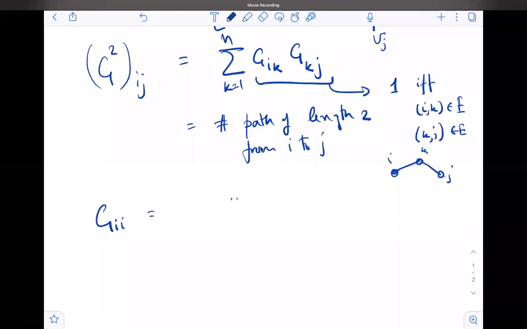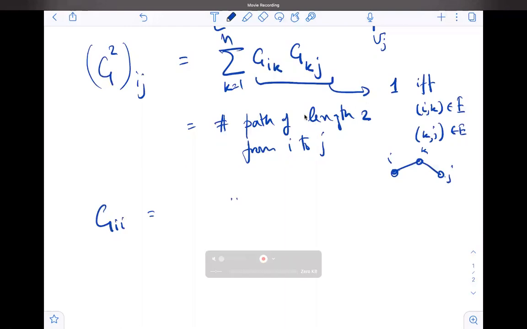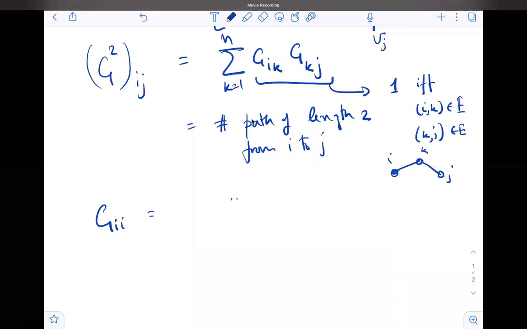Avanish Kumar, are you there? Avanish Kumar? Akash Kumar? Zero, or degree? G ii is 0, right?